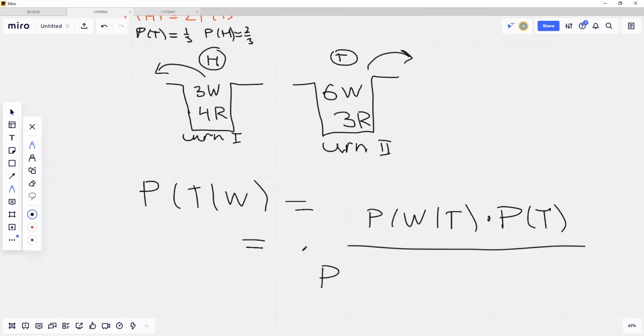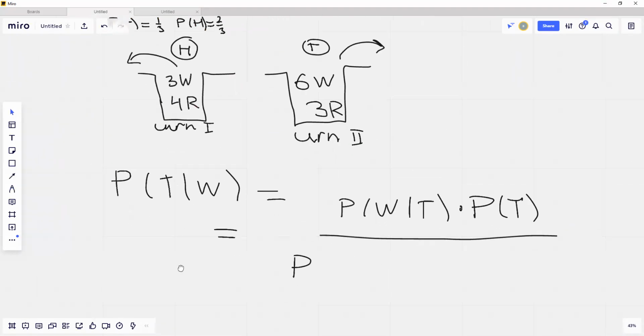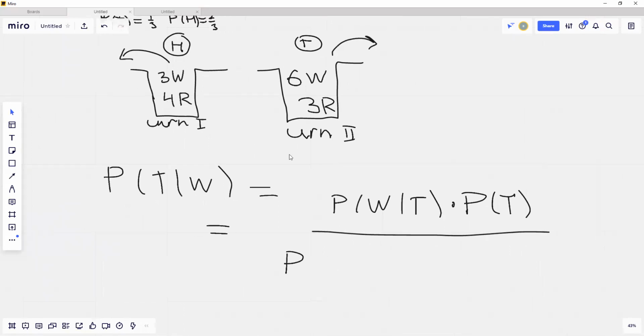So the Ai's defined in the theorem here are two events, our coin being tails or heads. We always start our sum in the denominator in Bayes' theorem by copying our term in the numerator. So that will be exactly the same as in the numerator.